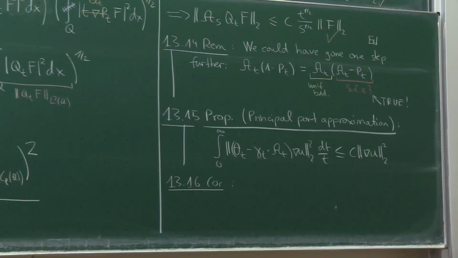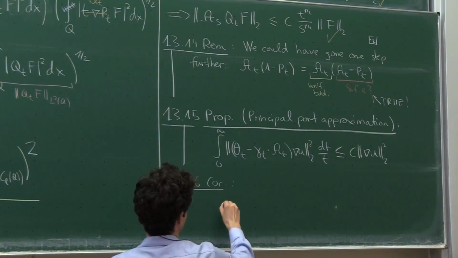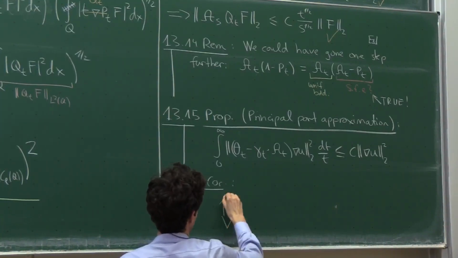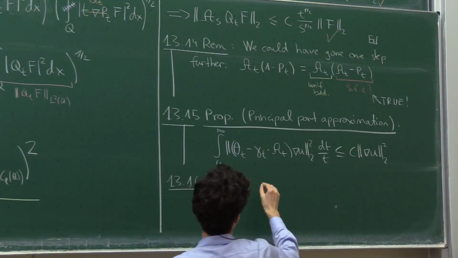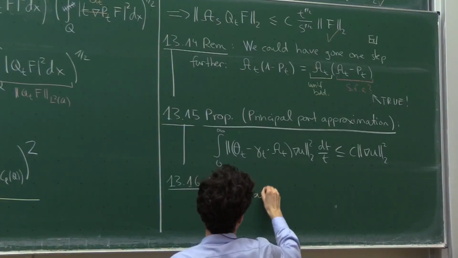So what do I want to say here? Let me think. I want to say that the following two things are equivalent. I can prove the Kato conjecture. This is what I want to do.